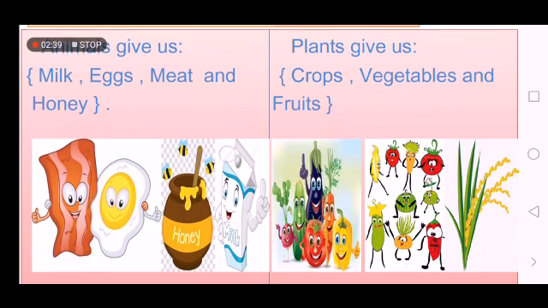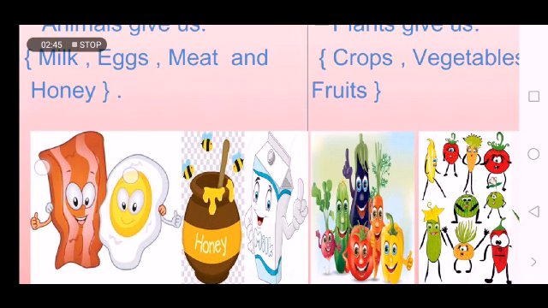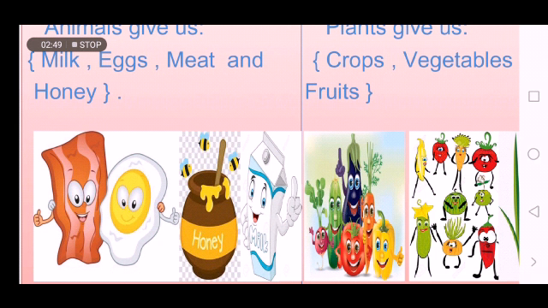Look, here we have meat, eggs, honey, and milk. This meat comes from cows, sheep and goats. An egg is from a hen, honey is from bees, and milk from cows or goats.